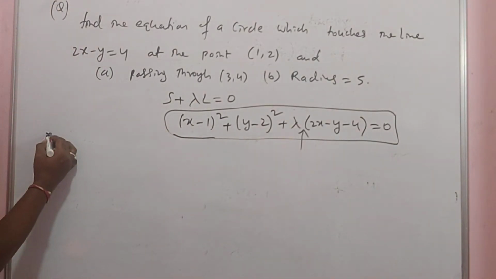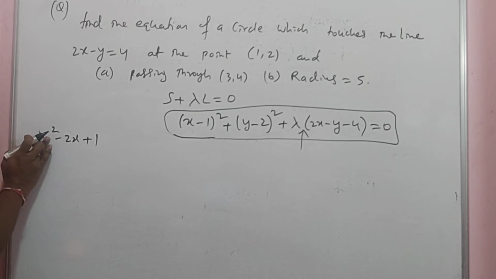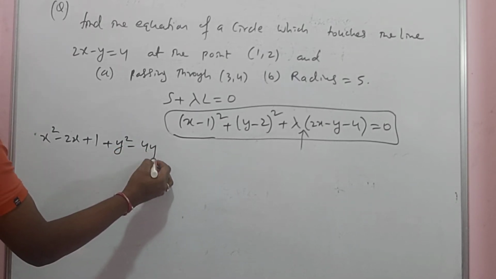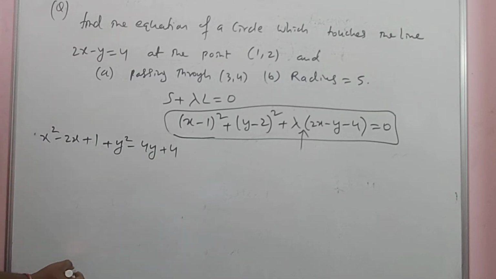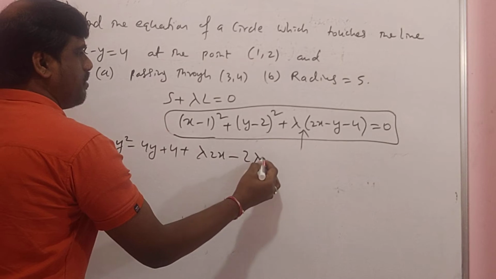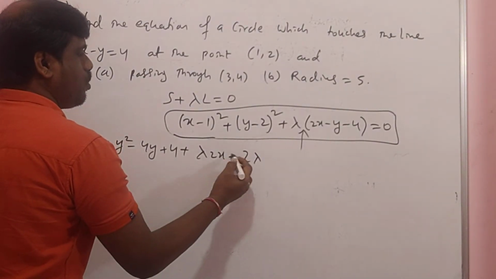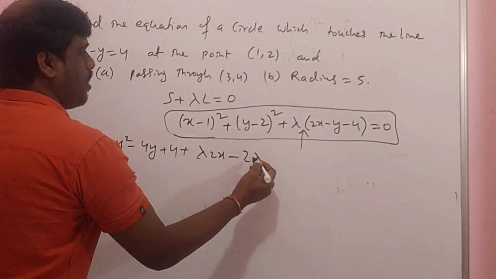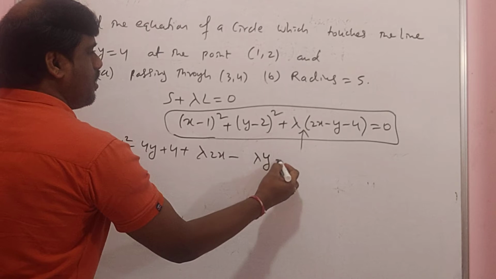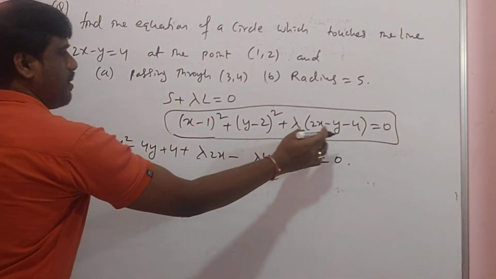I can make this one as x square minus 2x plus 1, I'm simplifying this, and plus y square minus 4y plus 4, plus lambda times (2x minus y minus 4), is equal to 0. I just multiply lambda here.